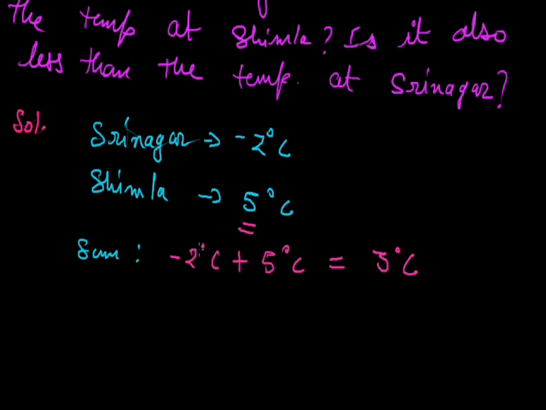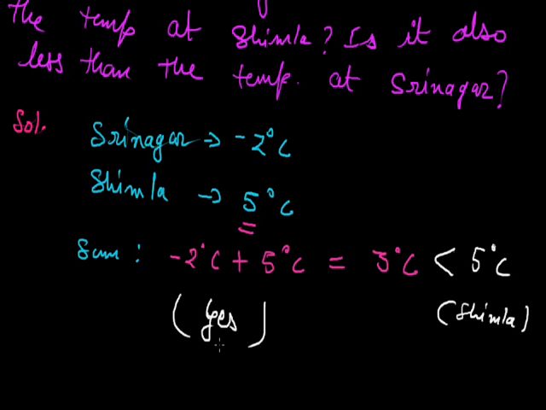So yes, we can say that the sum of the temperature together, that is 3, is less than 5 degrees centigrade, which is the temperature at Shimla. So the first answer will be yes. The temperature together is less than the temperature at Shimla.